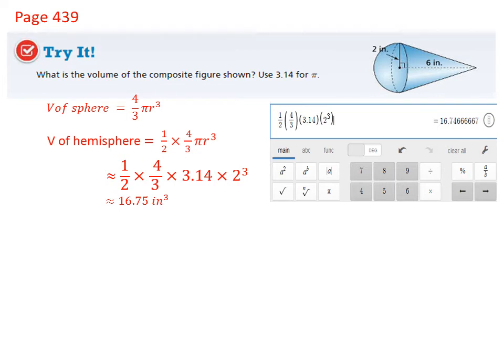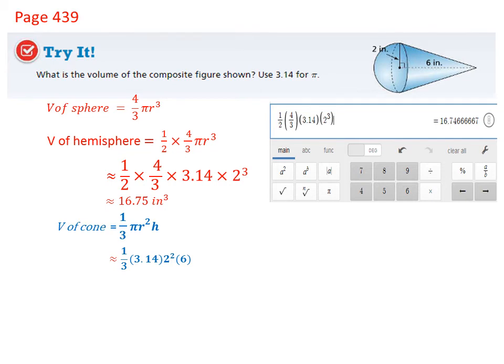Now let's find the volume of the cone. How to find the volume of the cone? Remember, it's 1/3 pi r squared h. So the radius length of the cone is 2 also, and the height is 6. So continue. 1/3 stays the same.